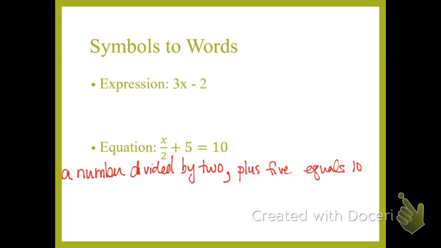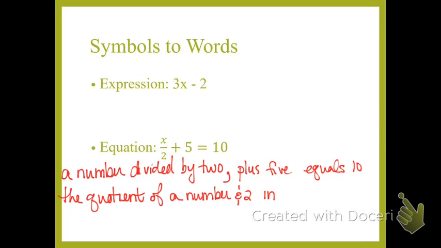So maybe you could say the quotient of a number and 2 increased by 5 is 10.